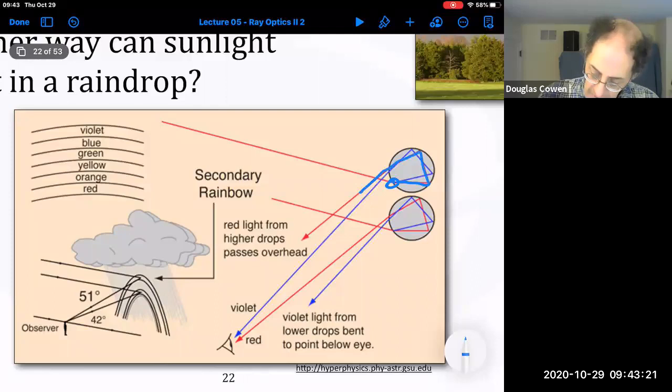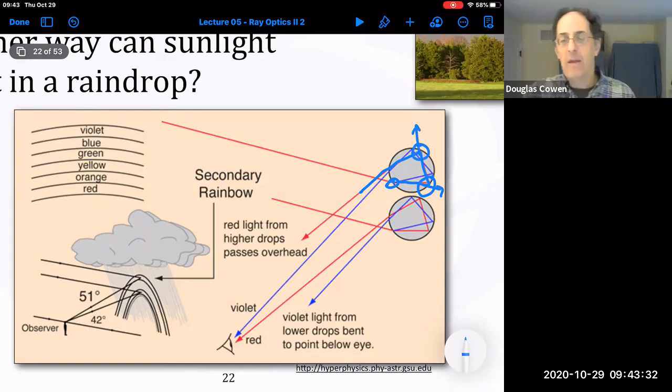Each time it reflects here and here, light also leaves the raindrop. Because of that, the intensity of the secondary rainbow is going to be lower than the intensity of the primary rainbow, because more light is going to be lost if you have two reflections than just one inside the raindrop.